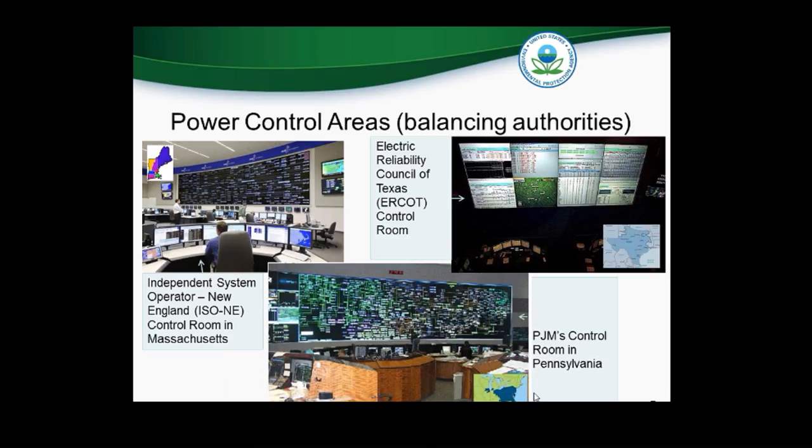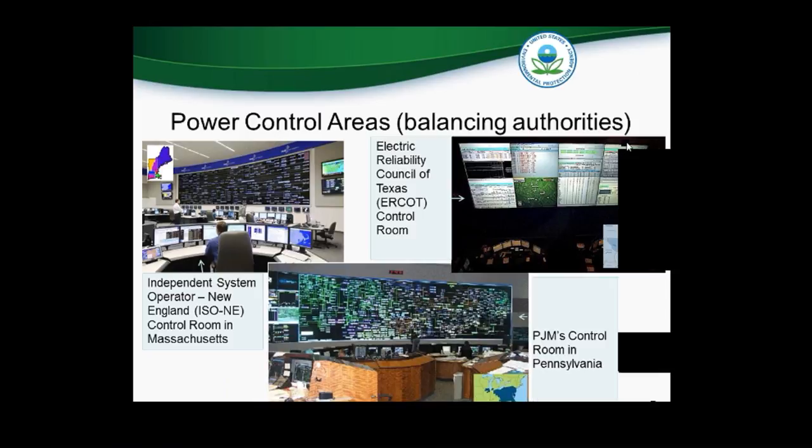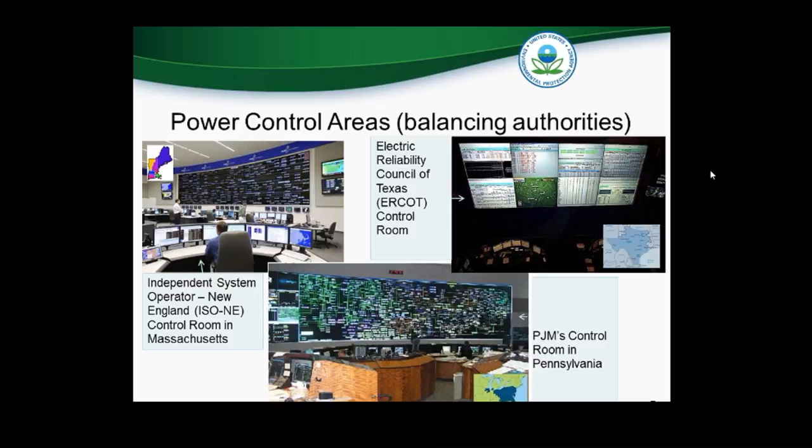Here are just a few pictures of the various control rooms. These are very complicated systems where they dispatch electricity and operate the various electricity markets. Here we have ISO New England's control room in Massachusetts, ERCOT's control room in Texas, and PJM's in Pennsylvania.